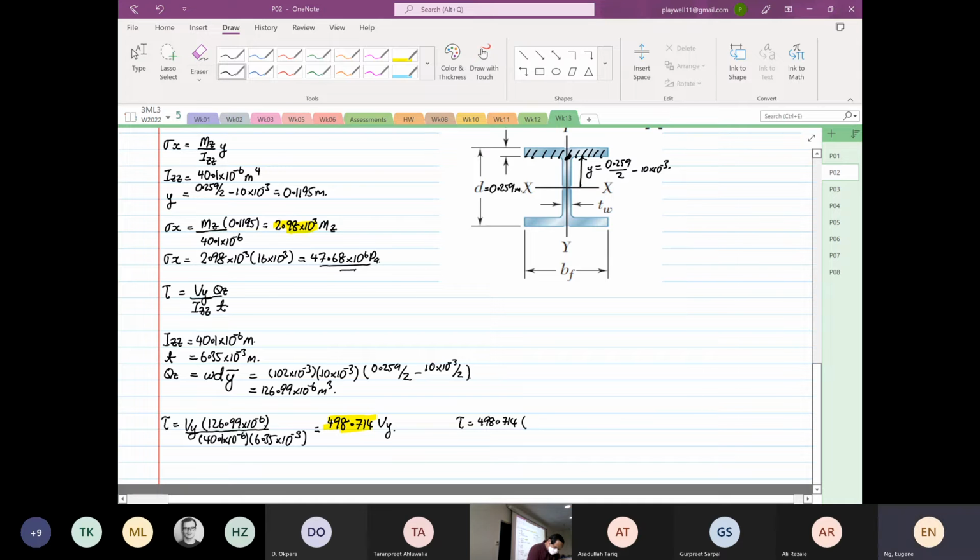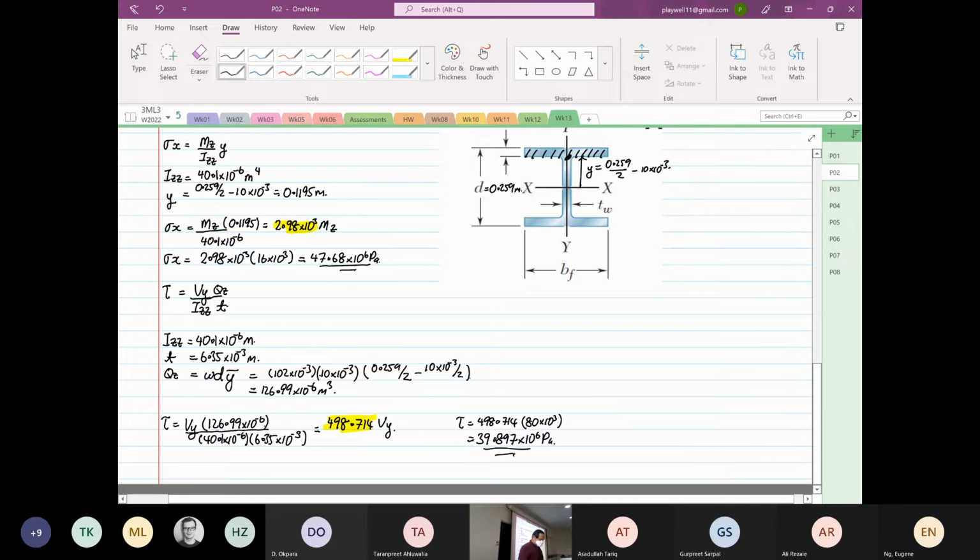Then we multiply by 80. Okay, so 498.714 multiplied by 80 is 39.897 times 10 to the power 6 Pascal.